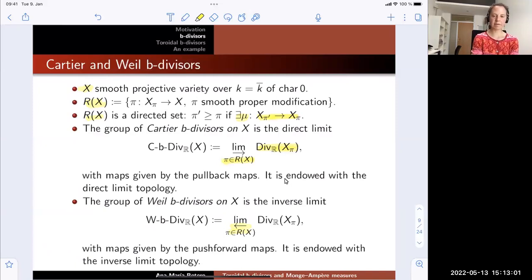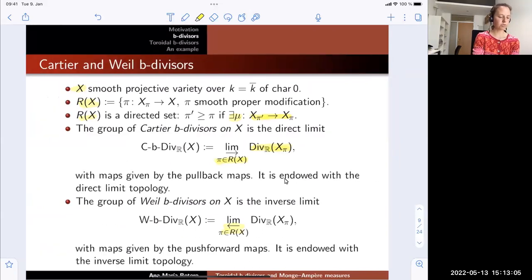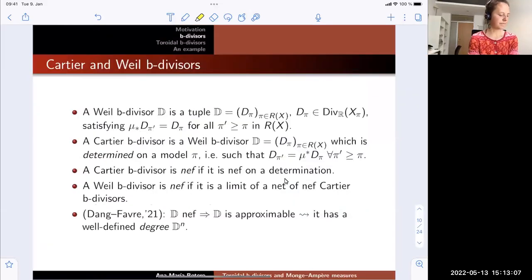So maybe to be a bit more concrete, to be able to represent such an object, a wild b-divisor, you can see it as a tuple. So this is a tuple of divisors indexed by modifications, and they have to satisfy that they are compatible under the push forward map.